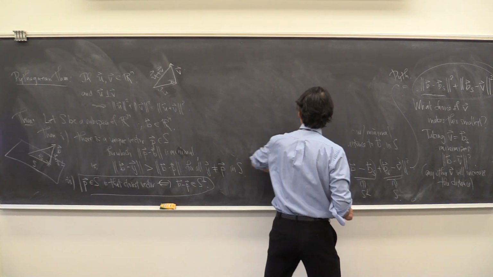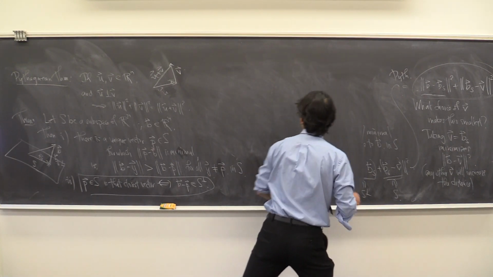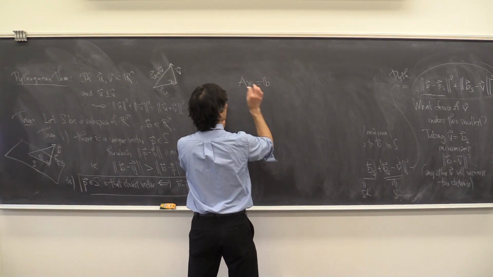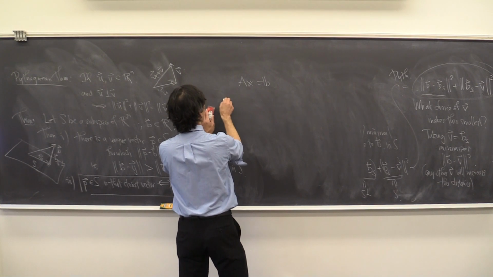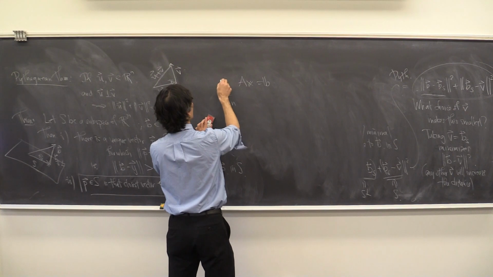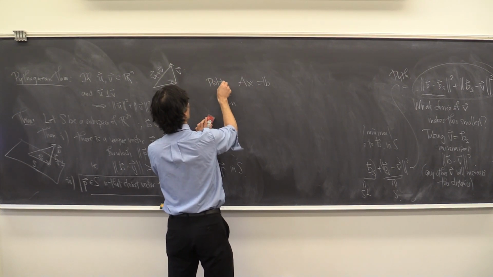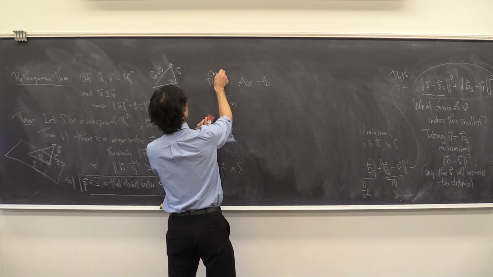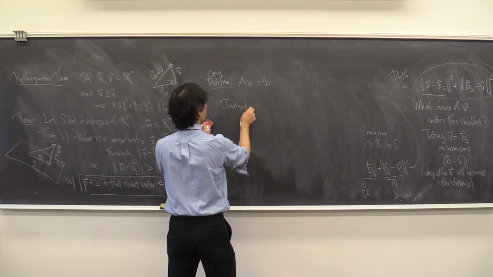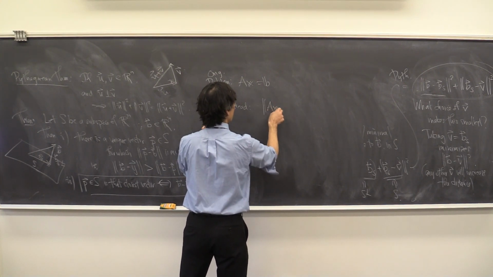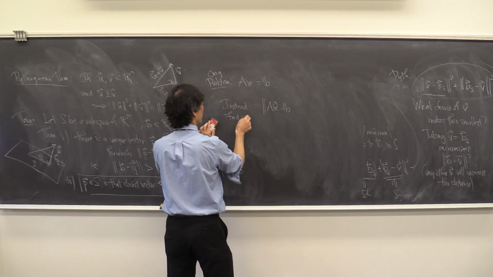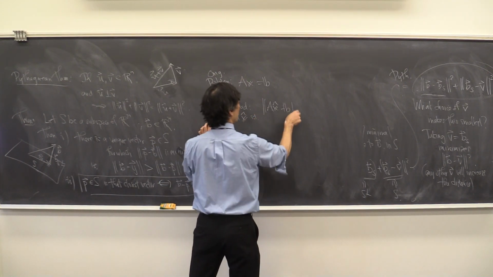Okay, so now let's go back to the question. Remember our rephrasal. Just to run us back again, we were trying to solve this. It was impossible. So here's the original problem, and then we altered the problem. We said, can you find x hat such that this thing is minimal?